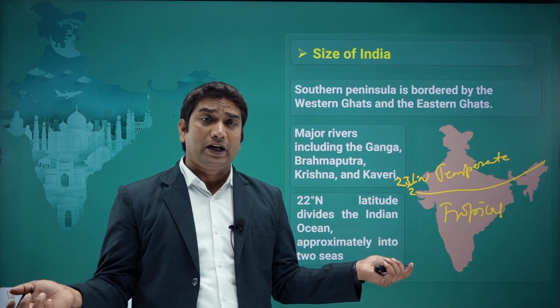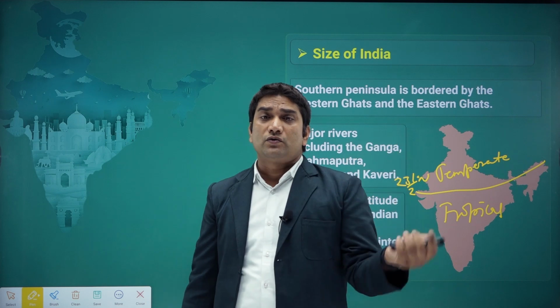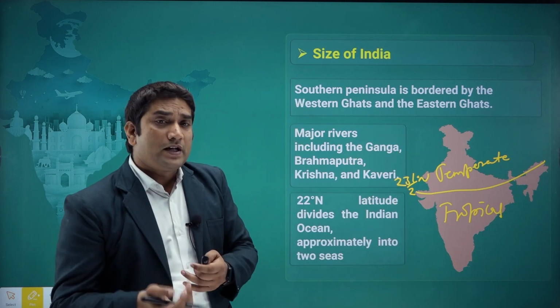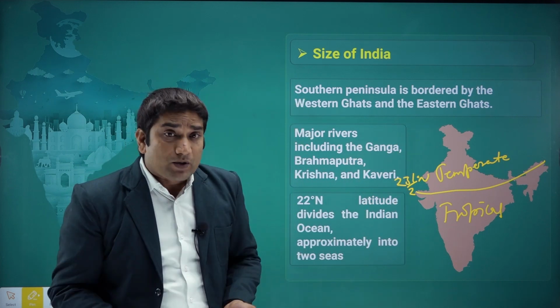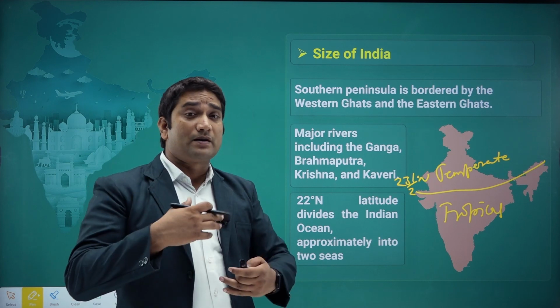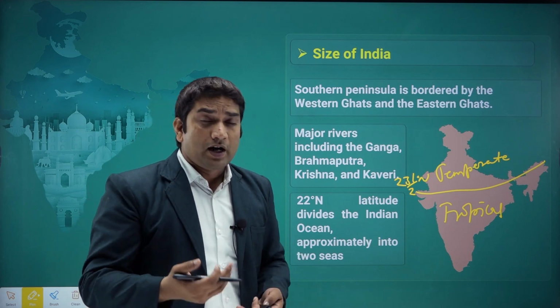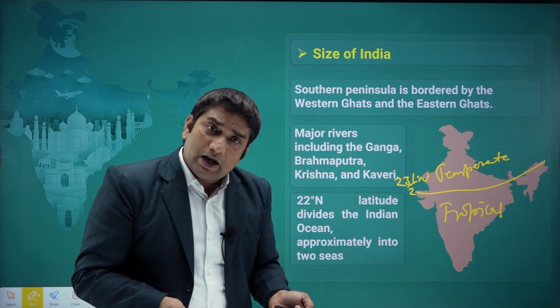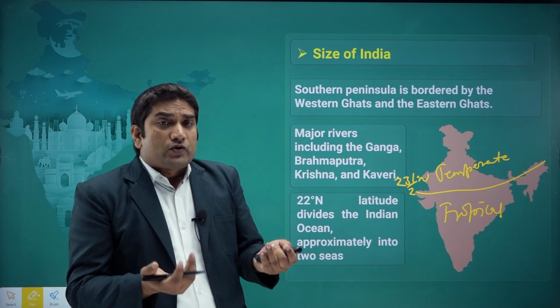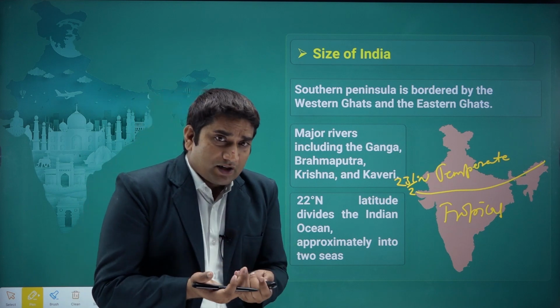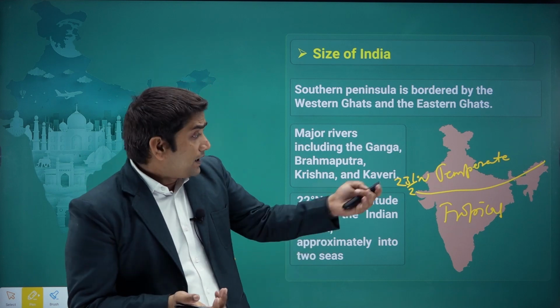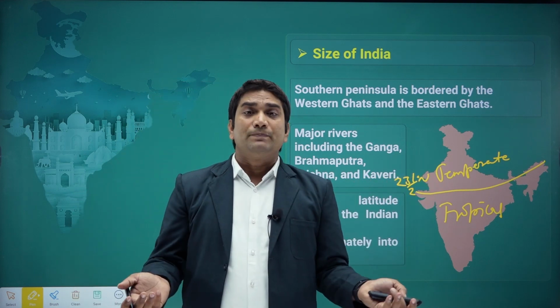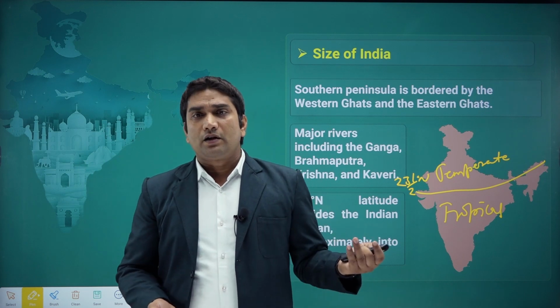But in the temperate zone we find conditions like continentality, or extreme types of climatic conditions. In summers it is too hot, in winters too cold, and in the rainy season we also receive heavy rainfall in this region. Due to these climatic changes, we cultivate more crops in the temperate region as compared to tropical.